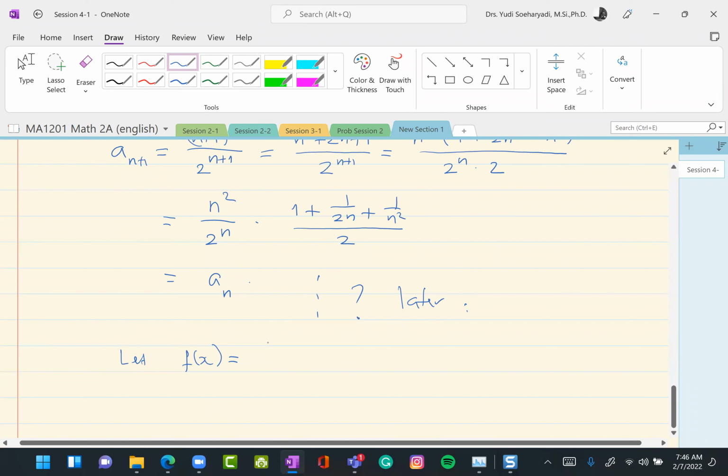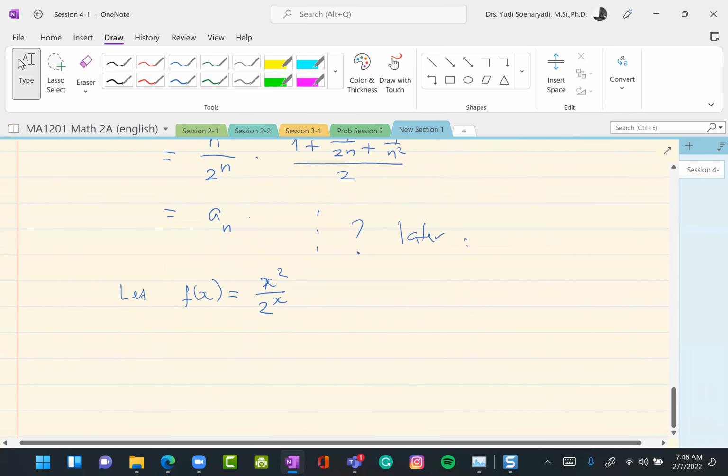f(x) is x squared over 2 to the x. Okay, and we'll try to show this is increasing for x greater than 3.